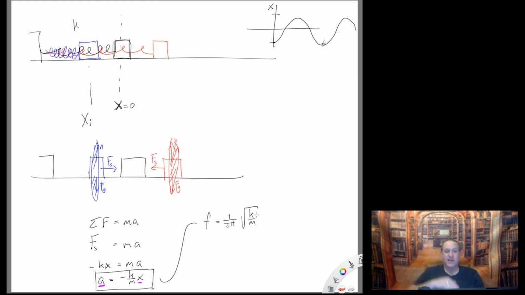So a high frequency is very fast, and a low frequency is very slow. We also can define the period as 1 over the frequency. So the period would be 2 pi times the square root of m over k.